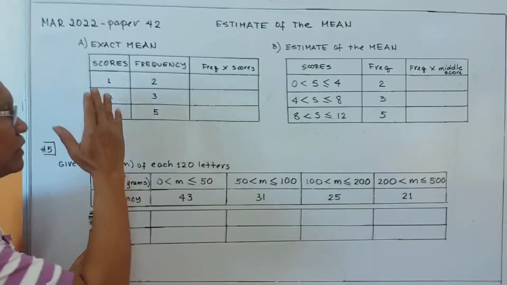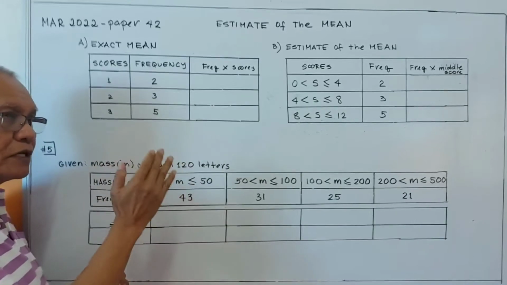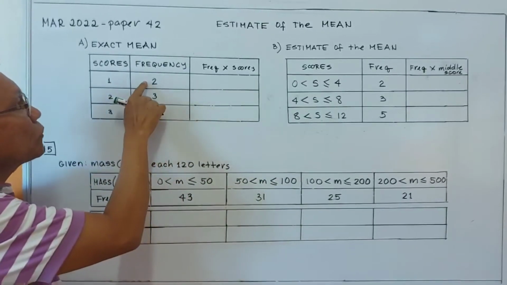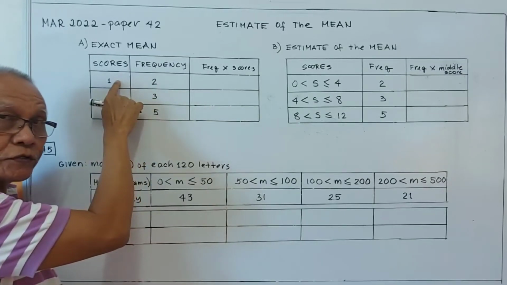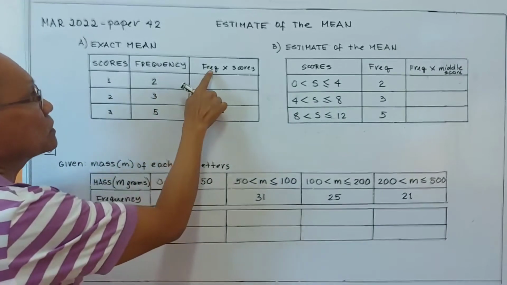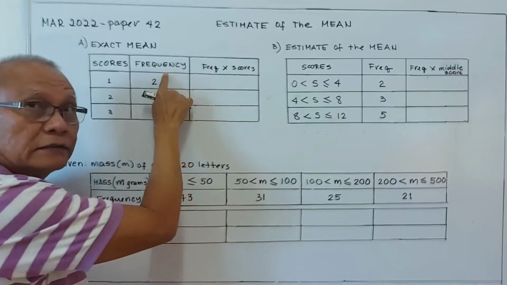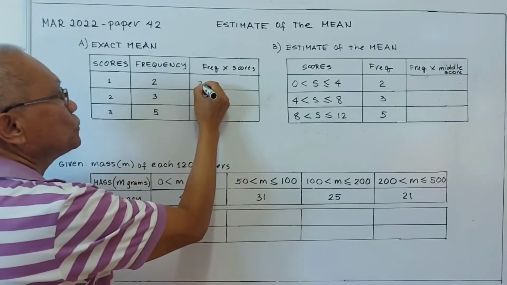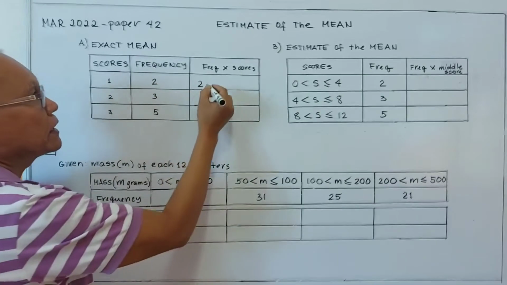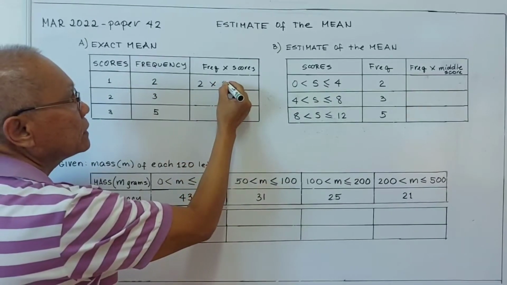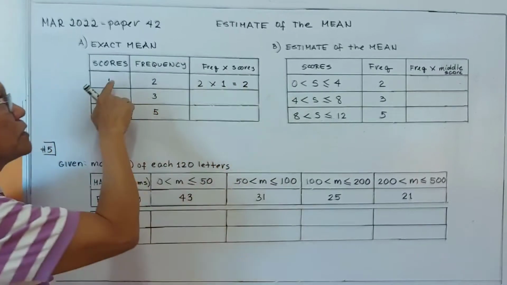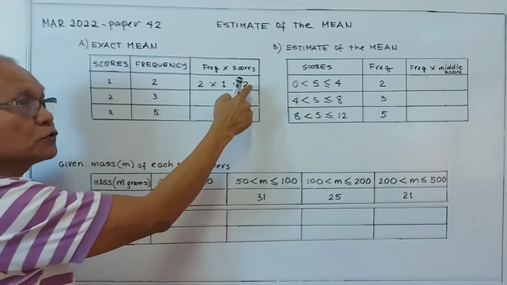So instead of adding 1 plus 1 plus 2 plus 2 plus 3 plus 3, we're just going to multiply the frequency and the scores. This is the frequency, times the scores. So we have 2 times 1 is equal to 2, meaning 1 plus 1 is 2.